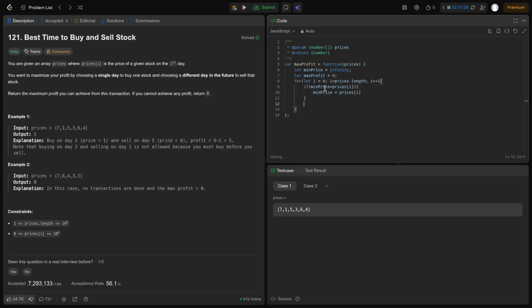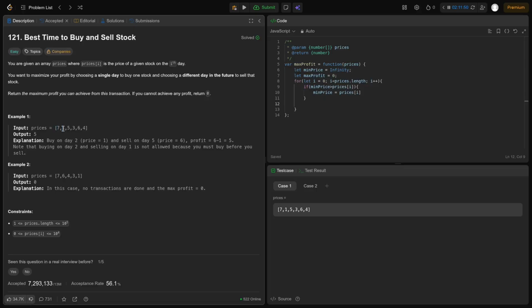And we will calculate profit for each element of the traversal. Currently at 7, the profit will be like I buy at 7 and if I sell at 7, then because the minimum price is 7, the max profit I will get is 0.